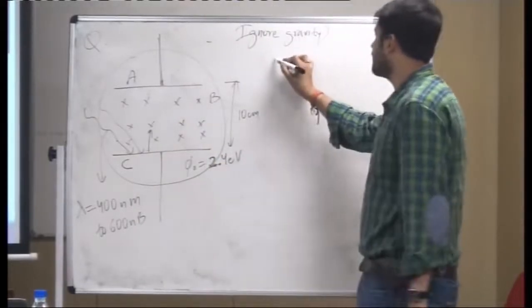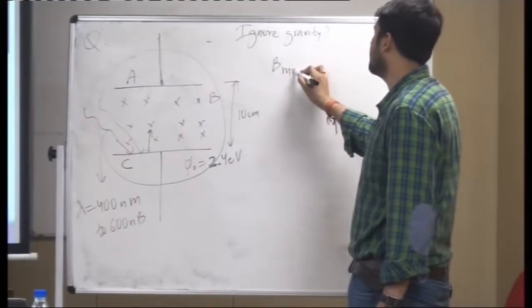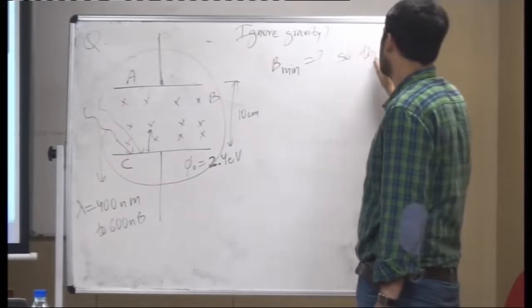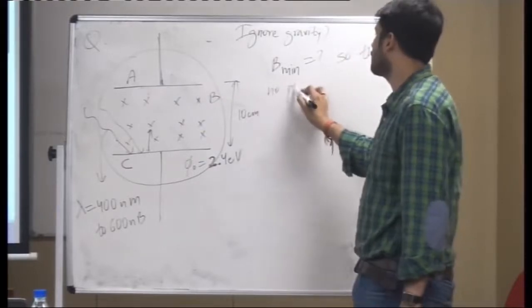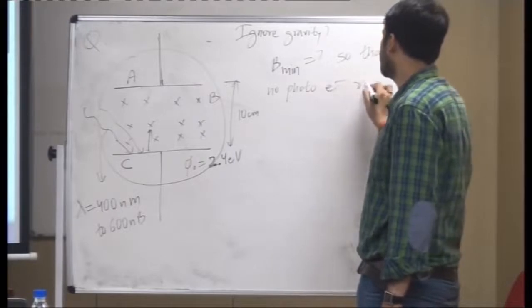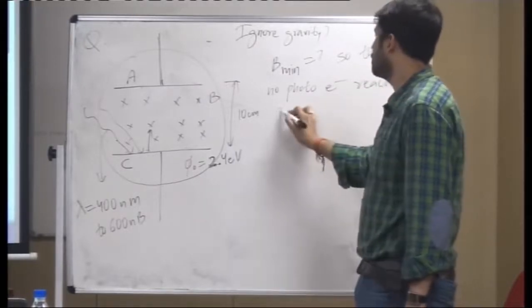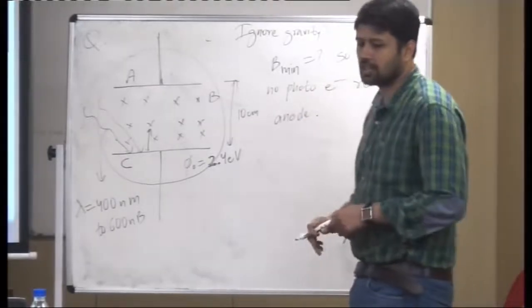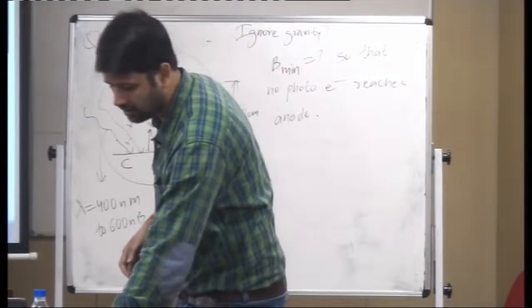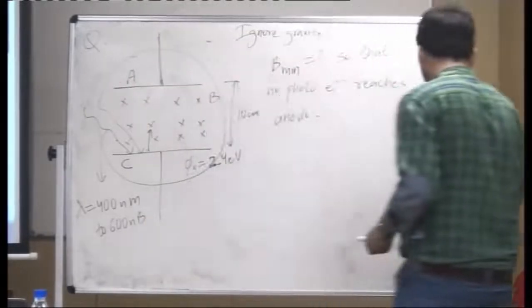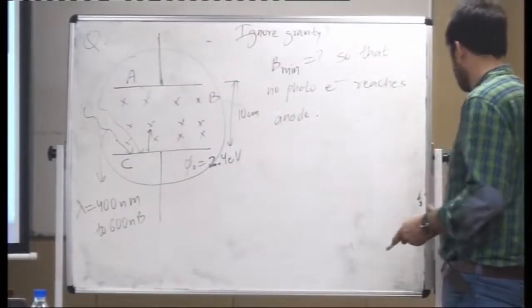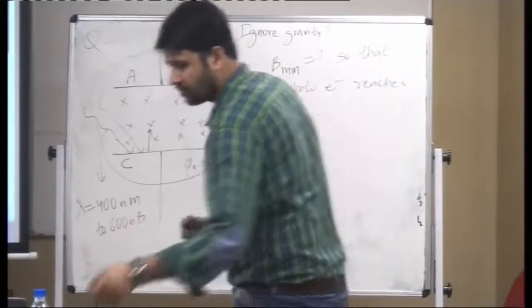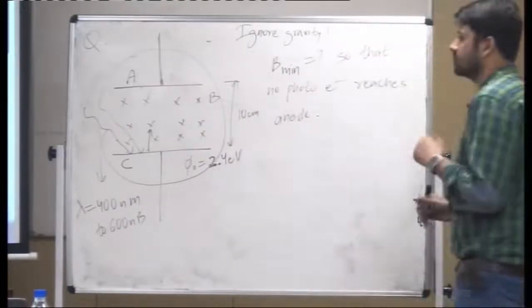You need to find the minimum value of B. What should be the minimum value of B so that no photoelectron reaches the anode? Getting the idea?